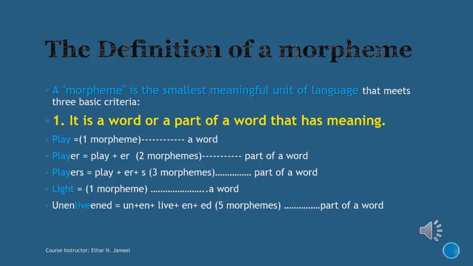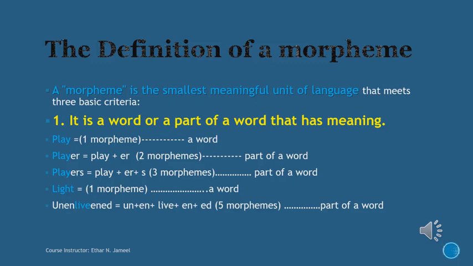Then, in order to give more details about the morphemes and to be more familiar with them, a morpheme has to meet three criteria. The first one is that it is a word or a part of a word that has meaning.